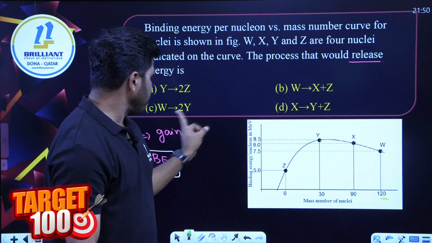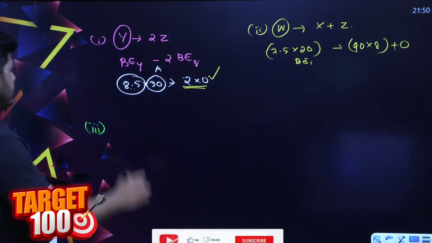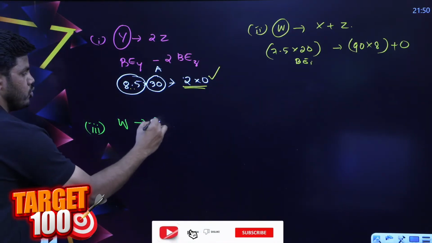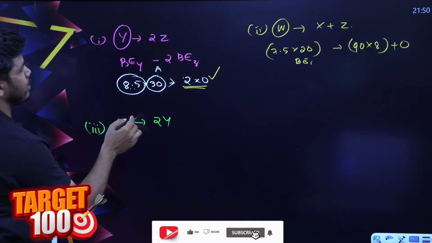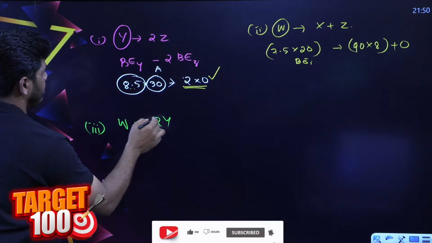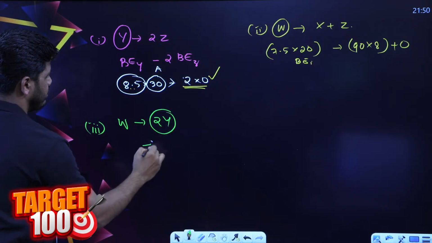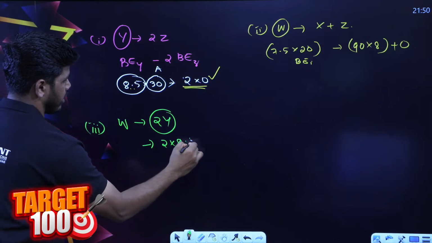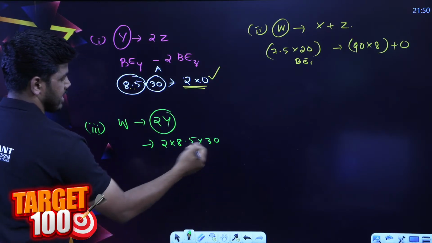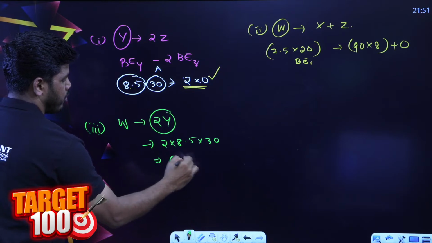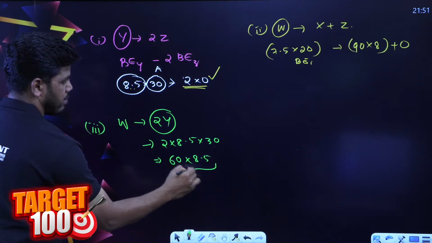In option 3, W splits into 2Y. We already calculated for Y. It is 2 into 8.5 into 30, right? It's actually 60 into 8.5. That is the binding energy final.